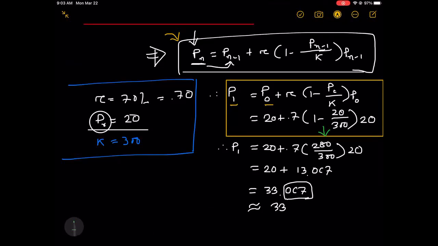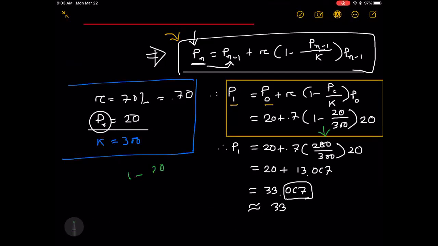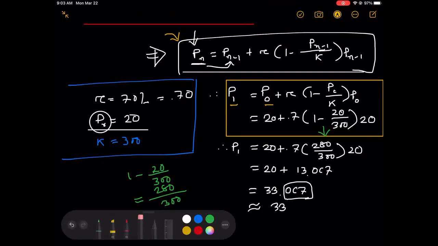You don't need to see that. 1 minus 20 over 300, if you just rewrite it, it will become this. Can you explain a little bit how that works? I'm not sure how that works either.